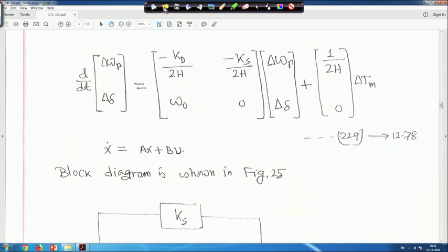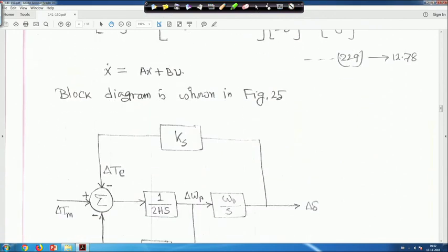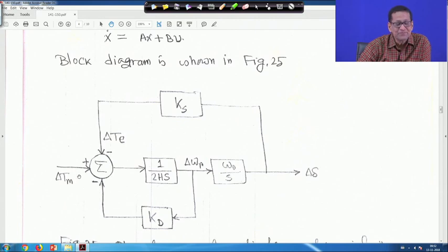Now, if you represent this in a block diagram, this is my delta T m, and just look at those equations and construct the block diagram. This is delta T m and this is minus delta T e, and this is your delta omega r.